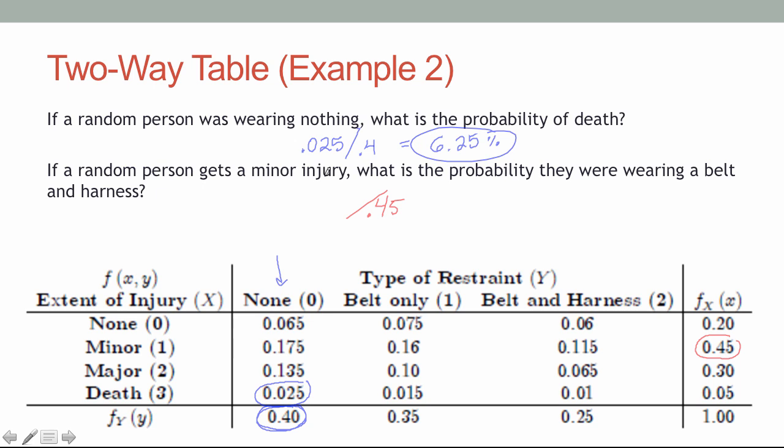So they got a minor injury out of that subpopulation. What is the probability they're wearing a belt and harness? Okay, let's find belt and harness, and we're going to divide it by that subgroup. So we need to do 0.115 divided by 0.45. And what we see is 25.6%.